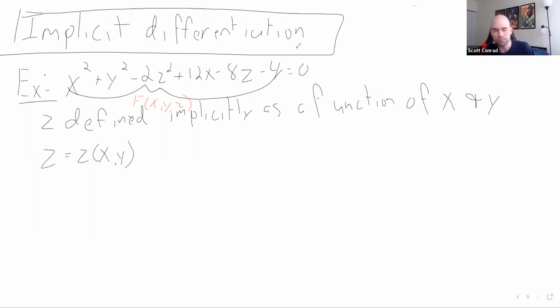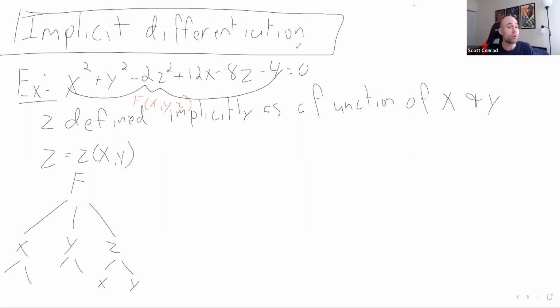That's going to be your big F of x, y, z. And we're treating z as a function of x and y implicitly.